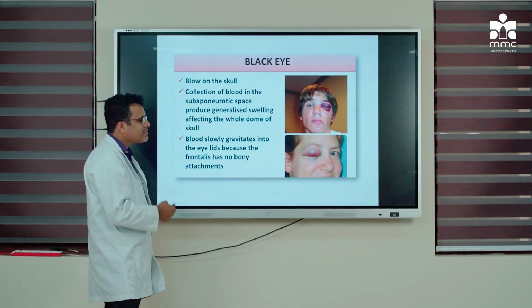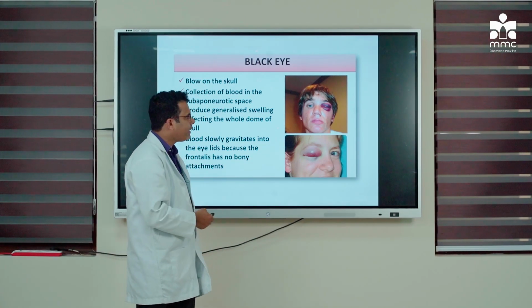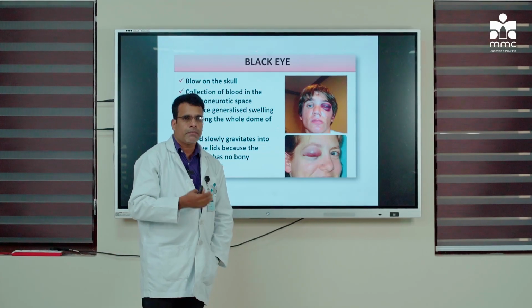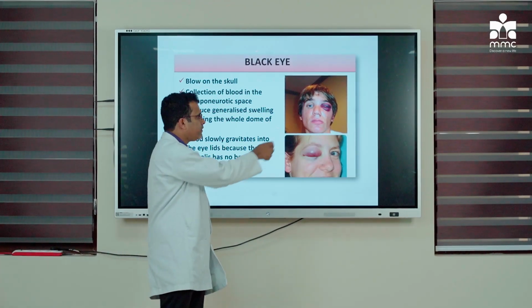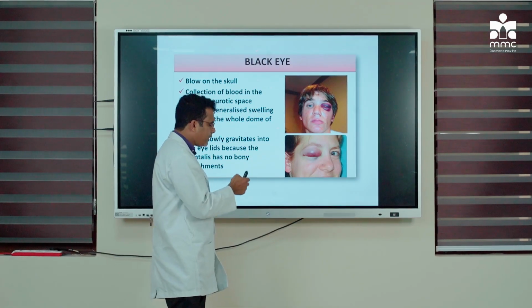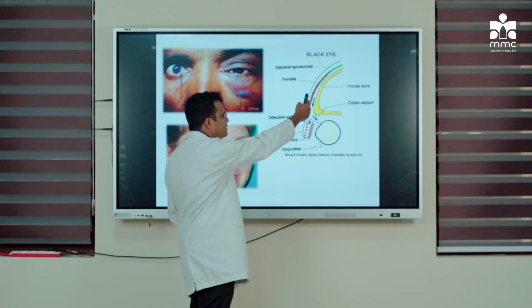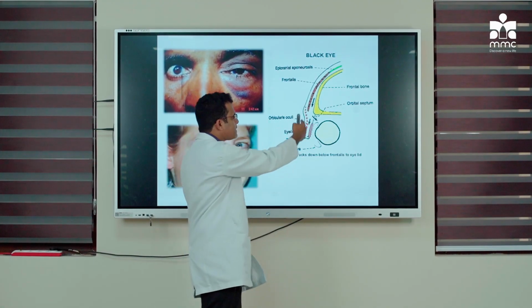Another clinical significance related to the fourth layer is the formation of a black eye because of injury or trauma related to the skull region. Sometimes there will be a blackish discoloration and swelling on the periorbital region. There is an anatomical reason for that, because already we have seen that the frontalis muscle doesn't have a bony origin, it is arising from the skin.